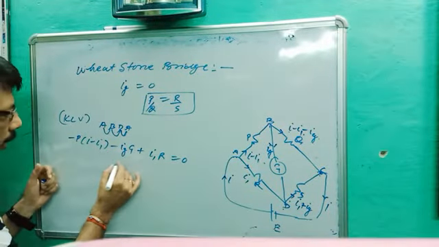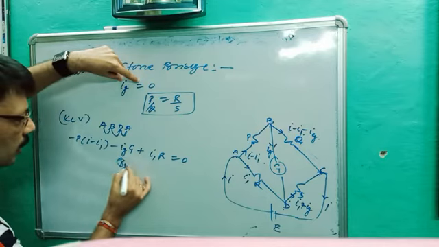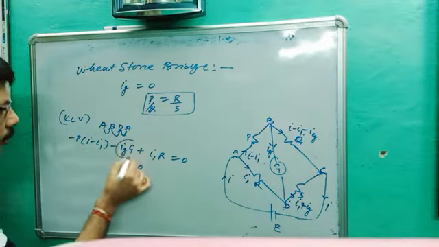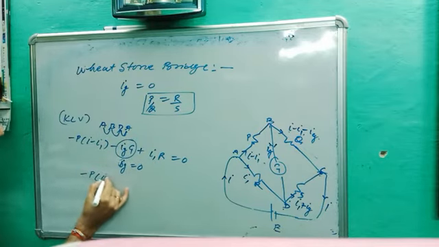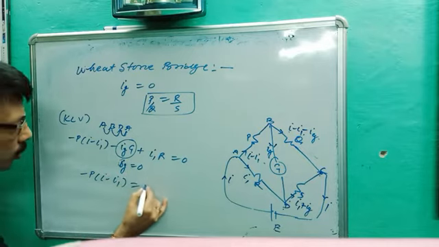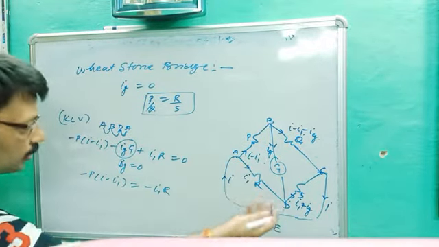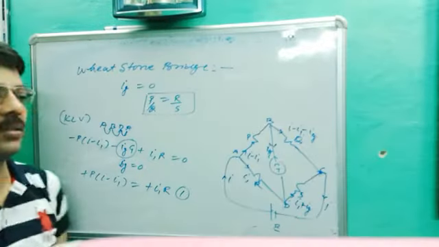Okay. If we assume Ig is equal to 0, then this term will go out. So what do we get here? Minus P(I minus I1) equal to minus I1R. Minus cancels, and we get equation number first. Very easy.